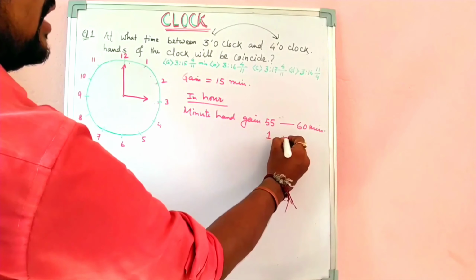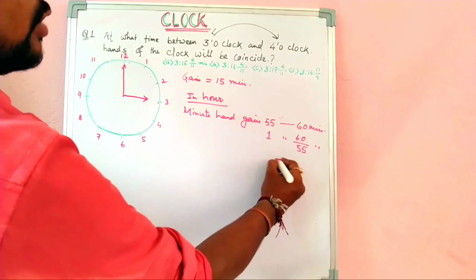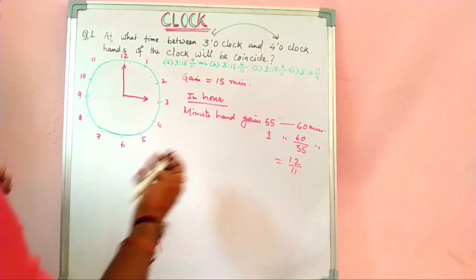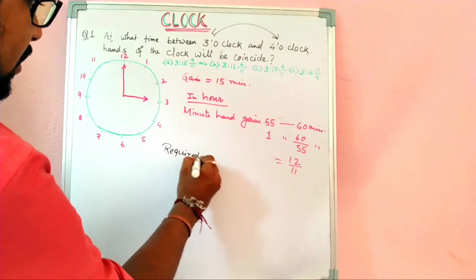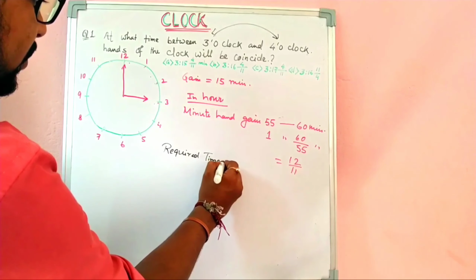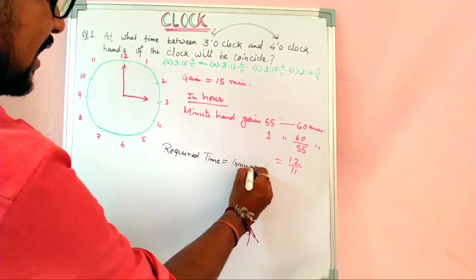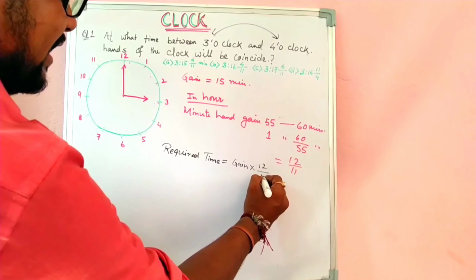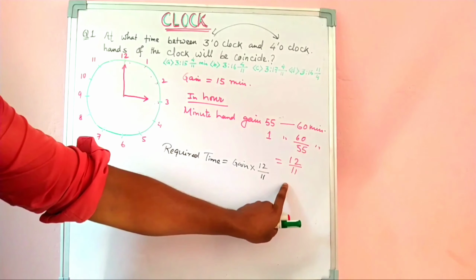So in 1 minute, how much? 60 by 55 minutes. So it is nothing but 12 by 11. So the formula is: required time equals gain multiplied by 12 by 11. You only have to remember this 12 by 11. Please keep it in your mind.